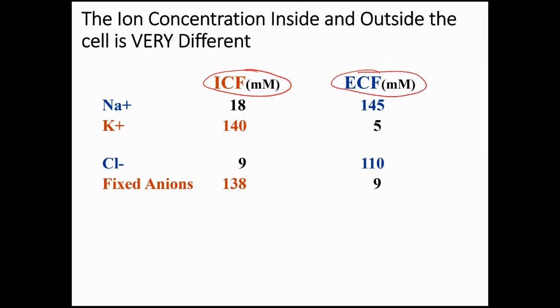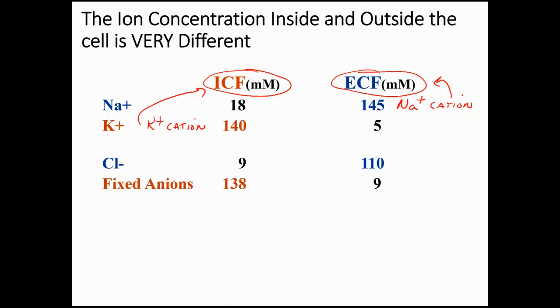We know that sodium is the major cation of the extracellular fluid. There's a lot more sodium outside the cell than inside the cell, correct? The opposite is true for potassium. Potassium is the major cation of the intracellular fluid. There's a lot more potassium inside the cell than outside the cell, correct?